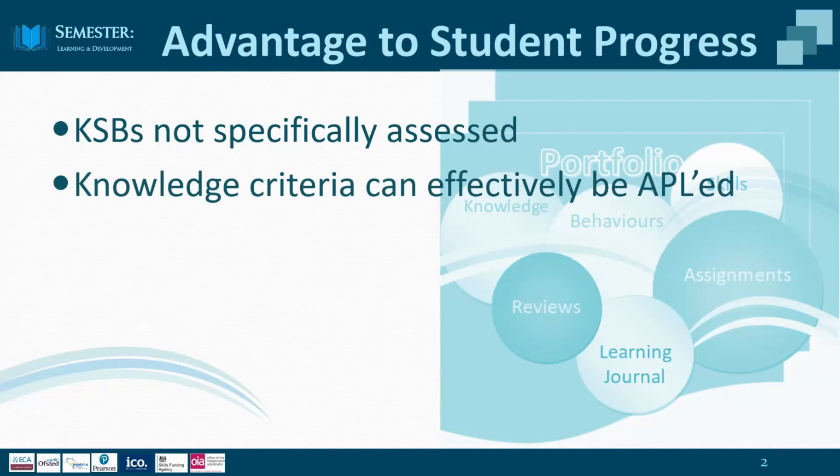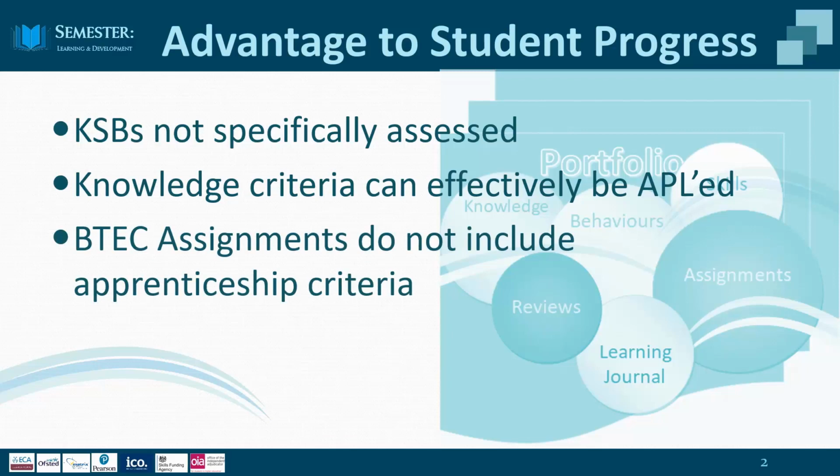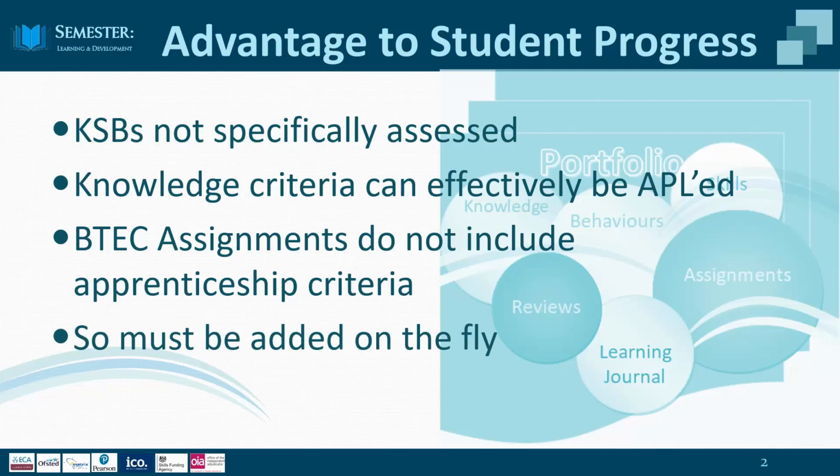However, it's easy for the knowledge criteria to be effectively APL'd when the student fulfills the criteria for the BTEC unit in their programme. The assessment plans for the BTEC assignments, which link up to the criteria for the unit, do not, however, include the criteria for their apprenticeship standards. These must be added to the assessment plan on the fly when the BTEC assessment is being marked.